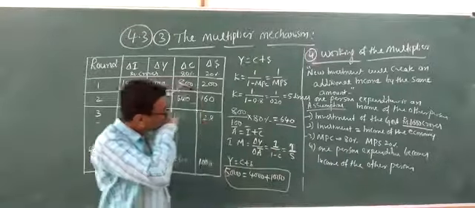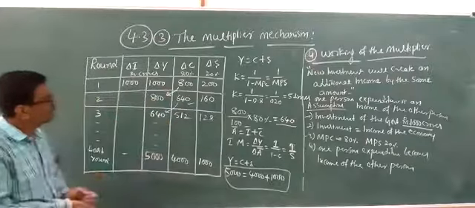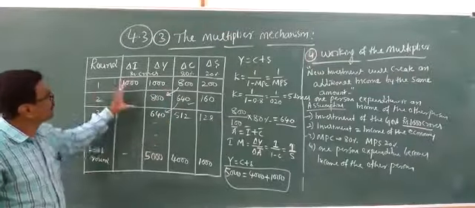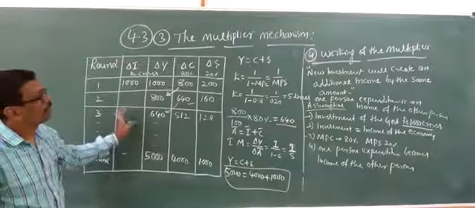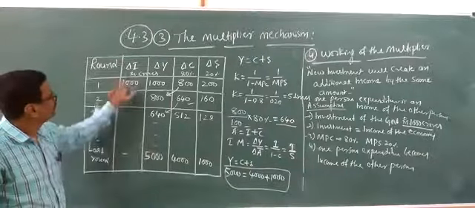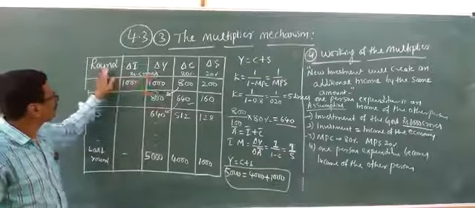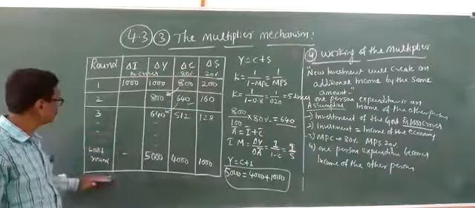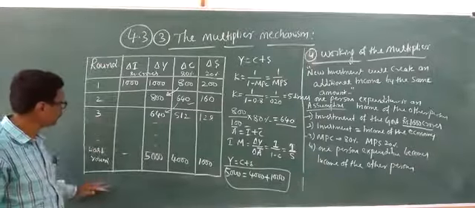You can derive the answer with a calculator, using the formula for the calculation. I think it is a simple example for the working of the multiplier. We have to prepare a table with 5 columns. In the first column, write first round, second round, third round, and end of the last round.